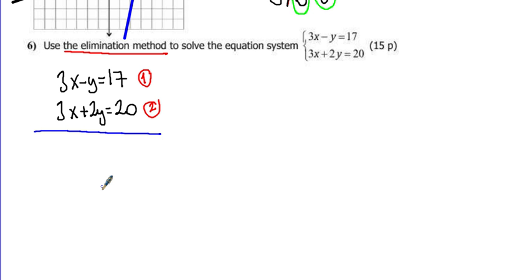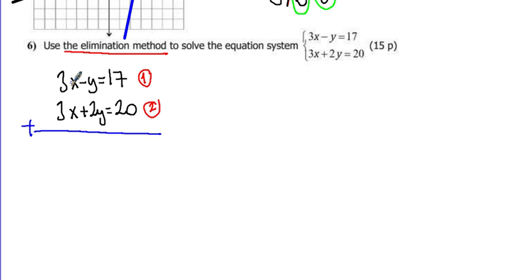This is my equation system. There are two variables in a system, x and y. To use the elimination method, I have to select one of the variables and make their coefficients equal but with opposite sign, just to eliminate them in addition.